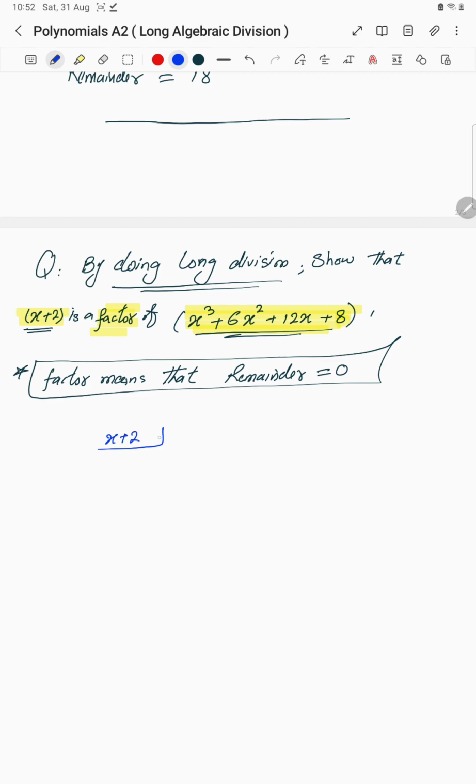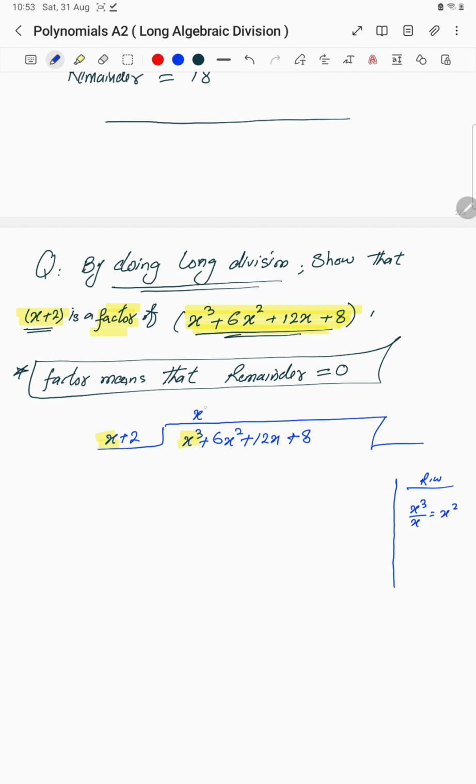X plus 2 is the divisor, outside, and the dividend inside, keeping in mind that both are in descending order: x cube, x squared, x and constant. In the rough work, it's good practice to always select the first term of the dividend and the first term of the divisor. x cubed divided by x gives x square.